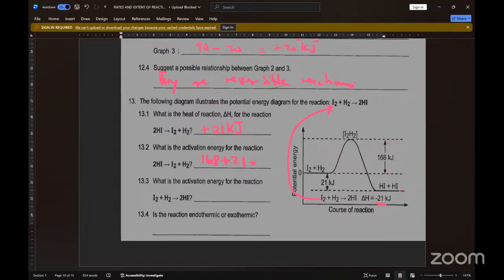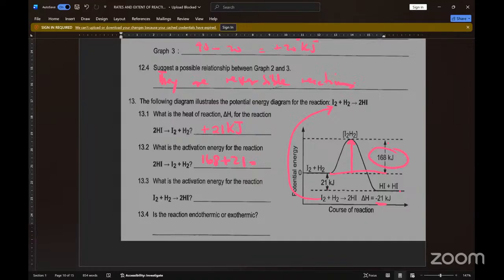And then what is the activation energy for the forward reaction? The activation energy for the forward reaction is this value here. Because for the forward reaction, this one goes here, from this base to that. So it corresponds to this value here.